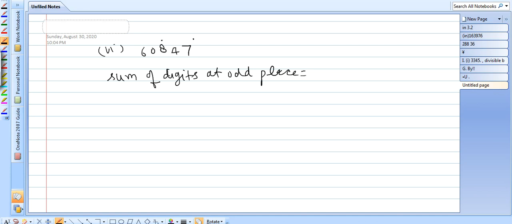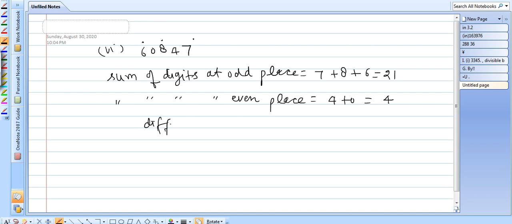So it is 7, 8 and 6. 7 plus 8 plus 6, it is 21, and sum of digits at even place, that is 4 plus 0, 4, and finally we will have to find difference.